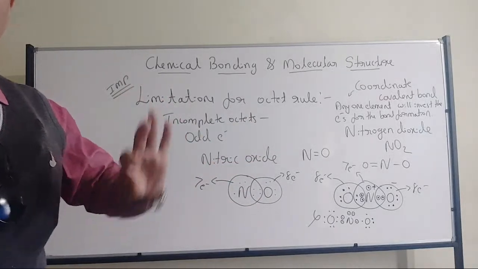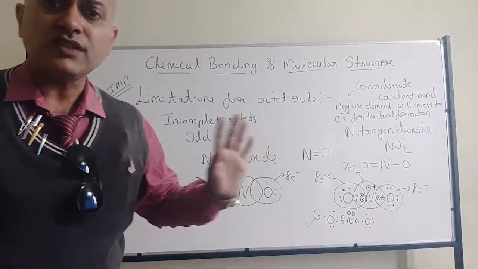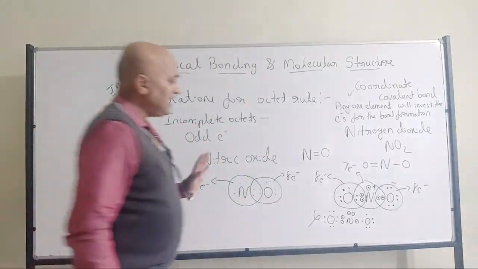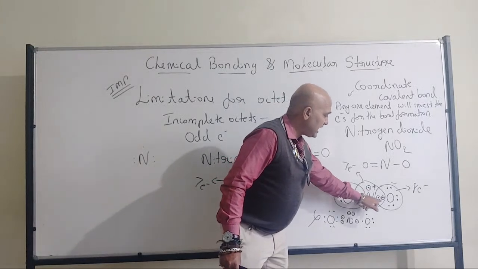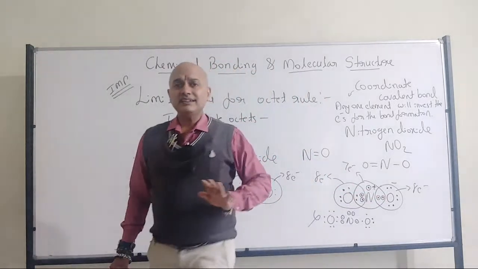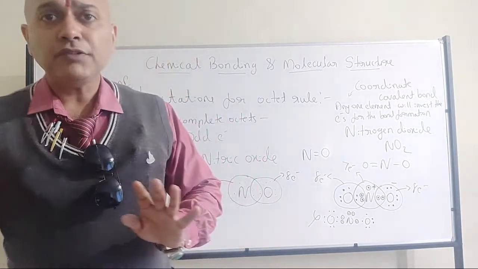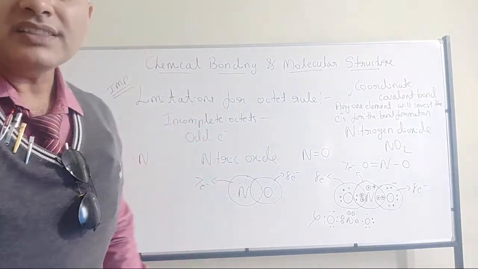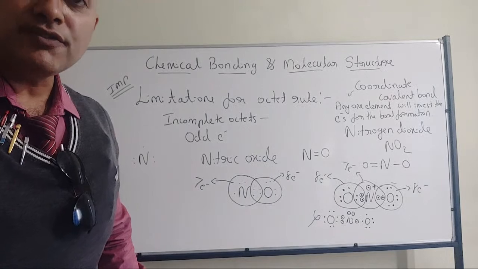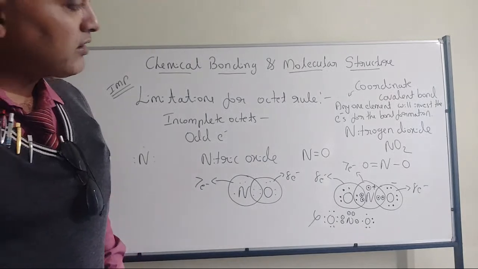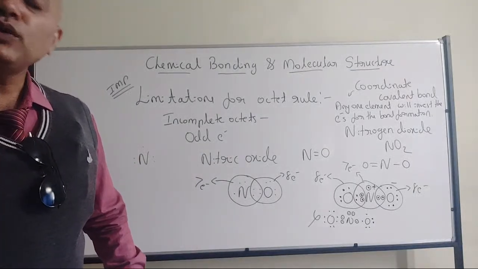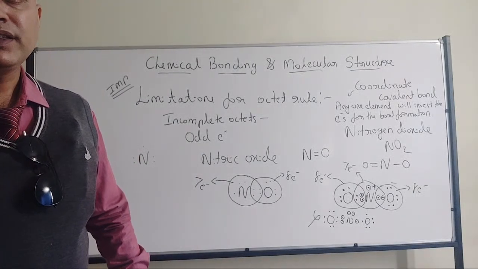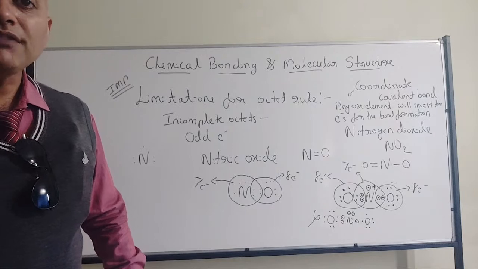That is not required. Just put the dots, that's all. It's not that nitrogen needs a different shape of electrons and oxygen different shapes; that is not required. Only dots you should write. Fine? All of you have understood?